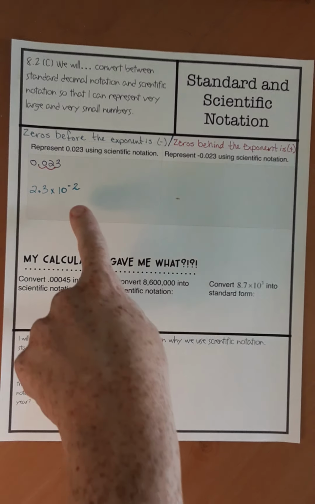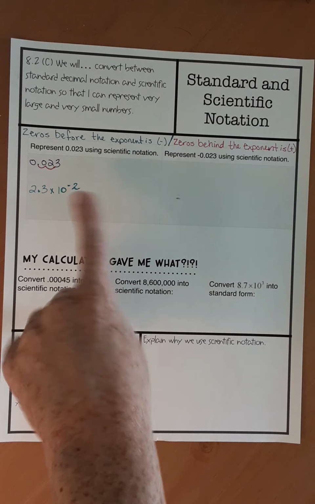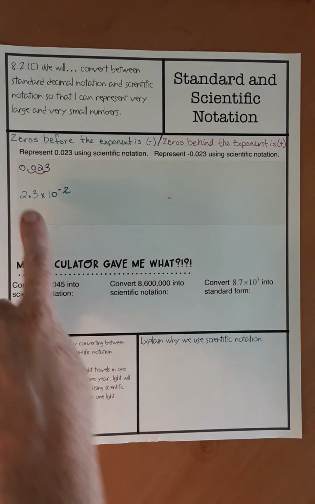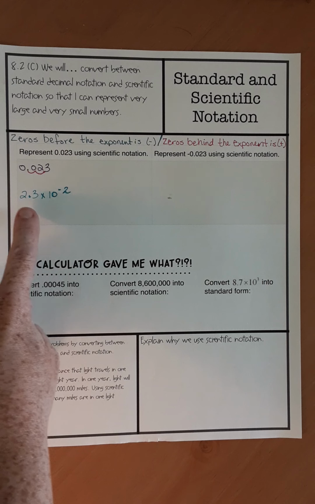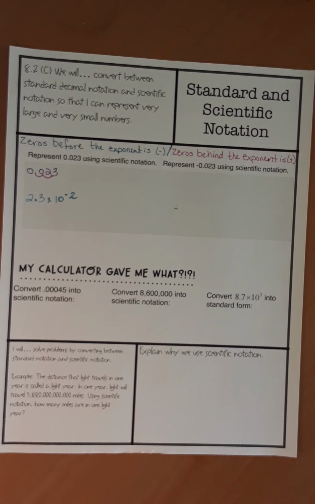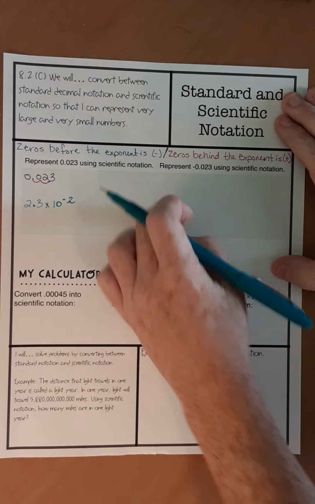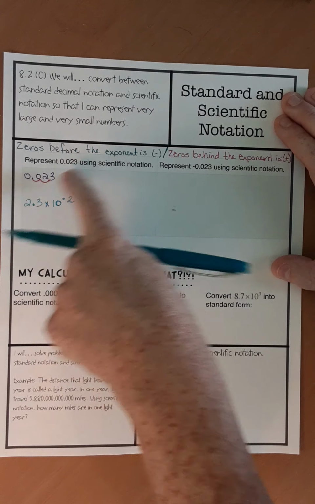Now, the important thing to note is that your negative exponent does not affect whether your value is positive or negative. For example, this question here says, represent negative 0.023 using scientific notation. So we're going to again start by writing the value that they gave us.